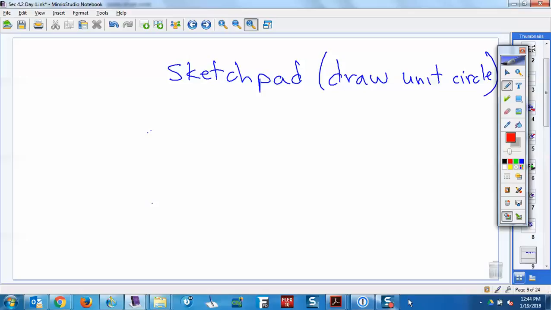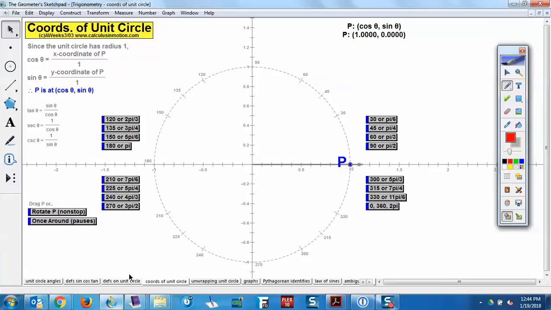All right, so on that piece of paper that you guys have, okay, we're going to fill this in. All right, now, so going this way, what do you suppose this first dot is? What angle is this first dot? 30 degrees or, yeah.